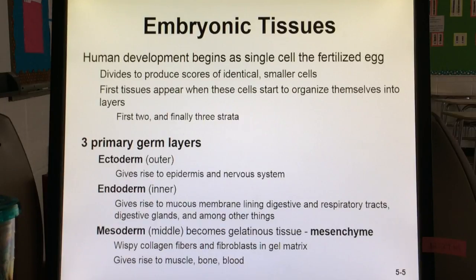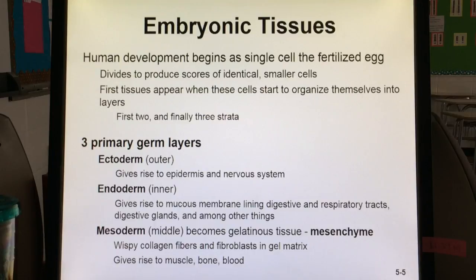So these are called germ layers, and we see these not only in humans, we see them in lots of animals and plants, and these prefixes we're going to see in lots of different places in anatomy. If we haven't started to use them already, we will be seeing these prefixes for a long time.